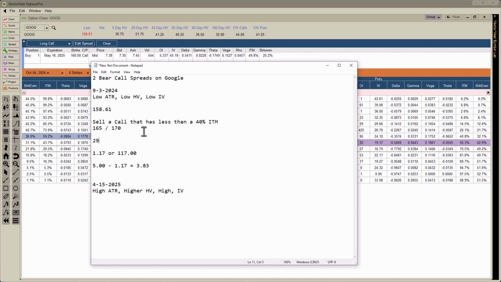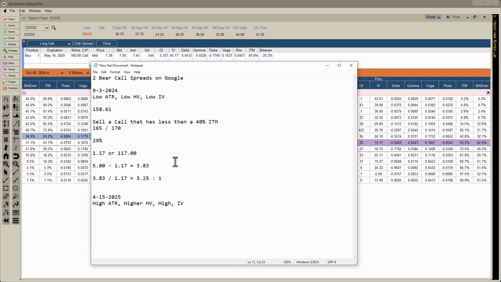Okay, and on this trade, we have a $3.83 risk. Our profit target on the trade is $1.17, and that trade from a risk reward perspective is going to give me a risk reward of about 3.25 to 1.